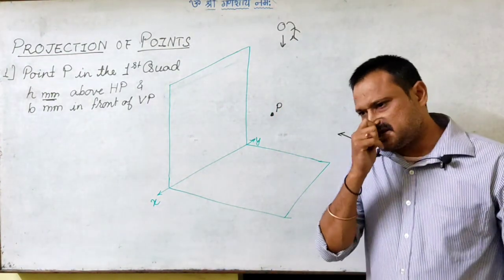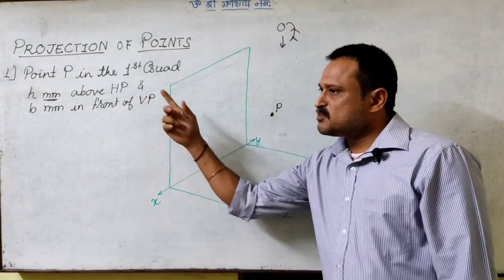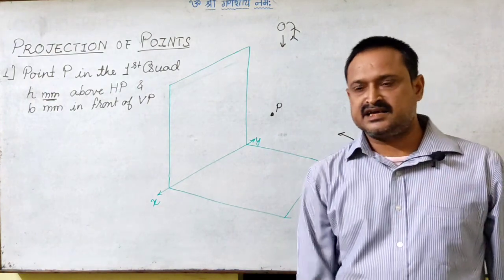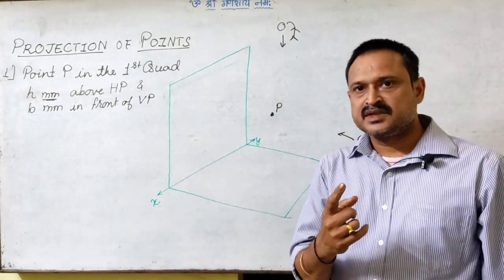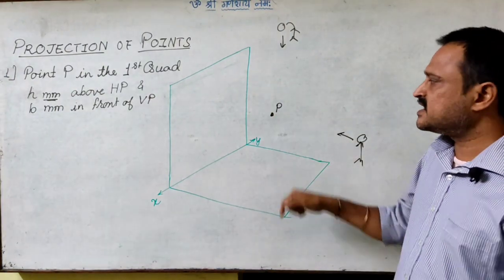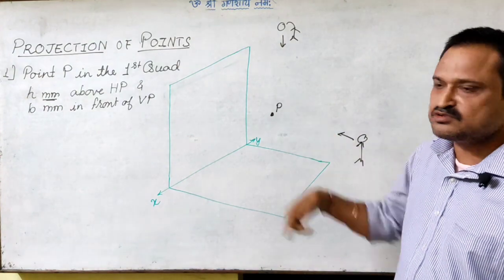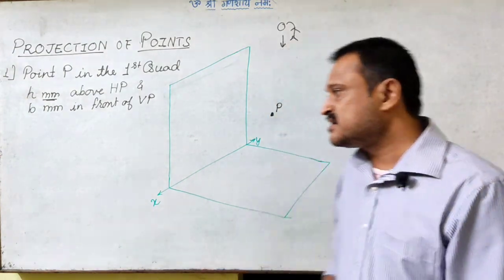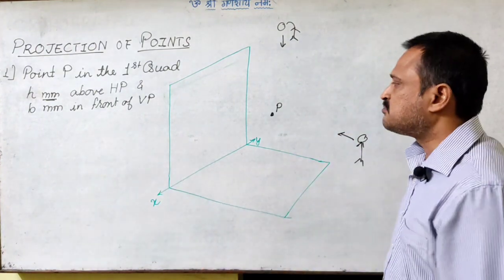Now my question will be, how many projectors can pass through a point in one direction? It will be one. We can say that there can be n number of projectors passing through point P, but in one direction only one projector can pass.